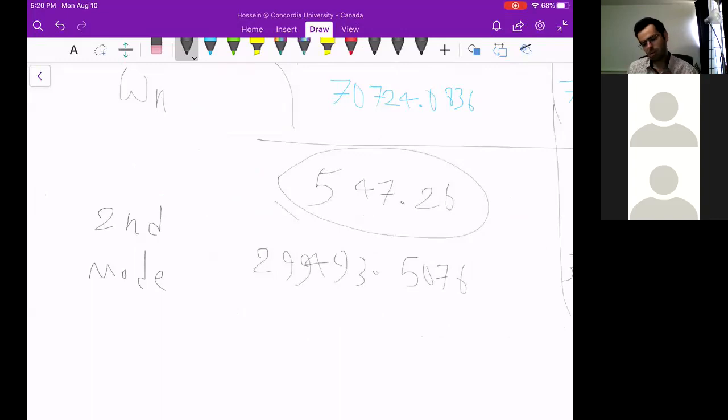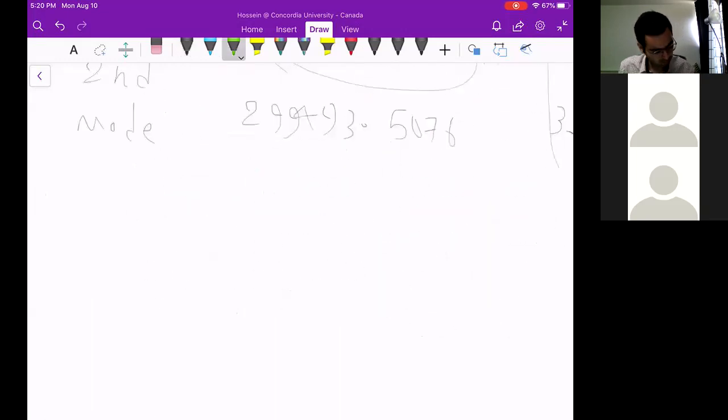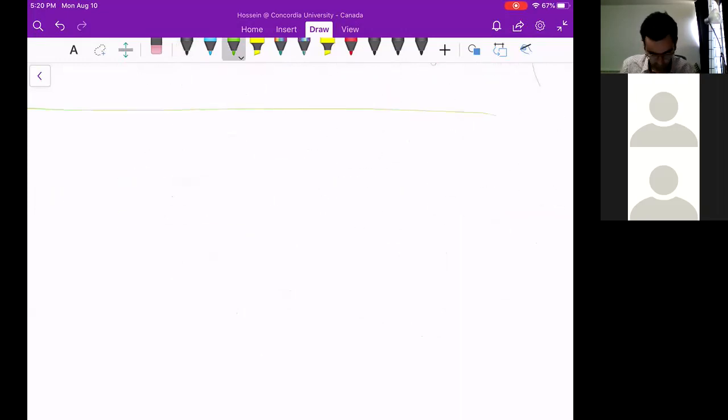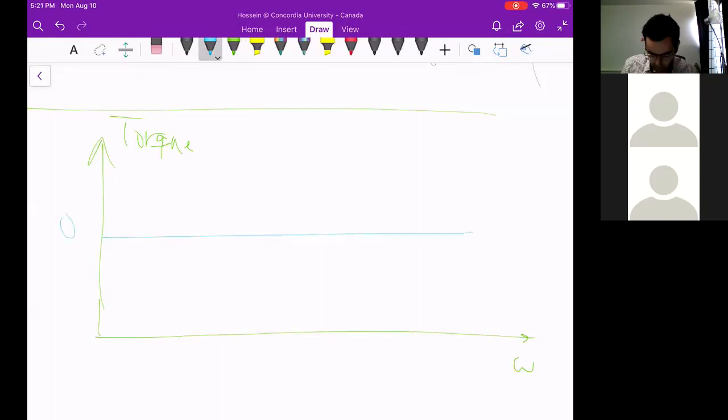If you write a MATLAB code and draw torque based on omega from 0 to 4 times 10 to the power 5, it is going to be like this.